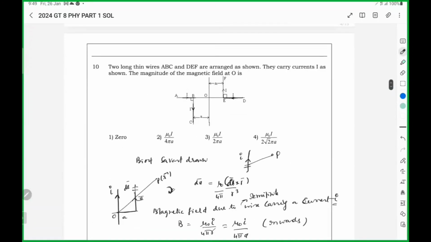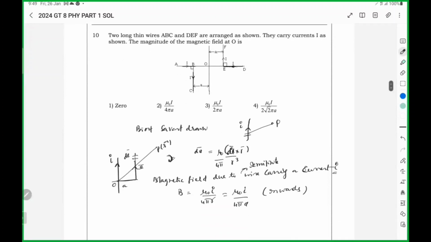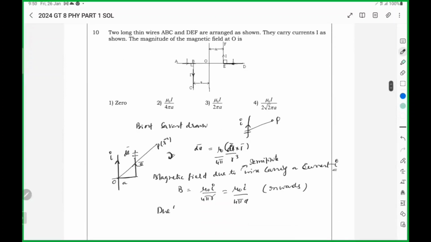And due to the BC part, here again a semi-infinite wire, the magnetic field at the same distance, mu naught I by 4 pi a. The direction, this is r bar, it is dl bar, dl to r is clockwise direction.